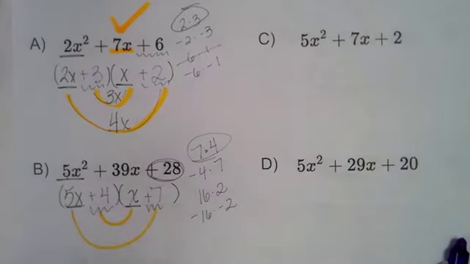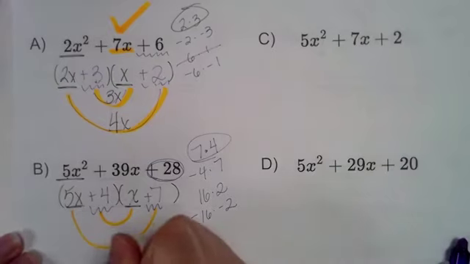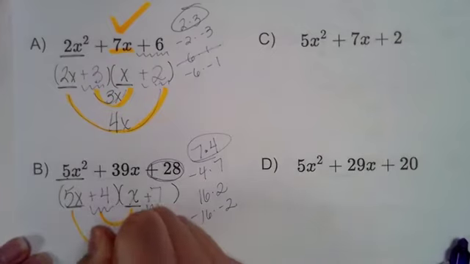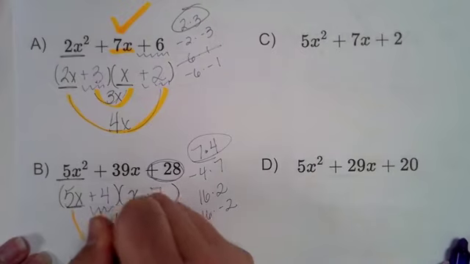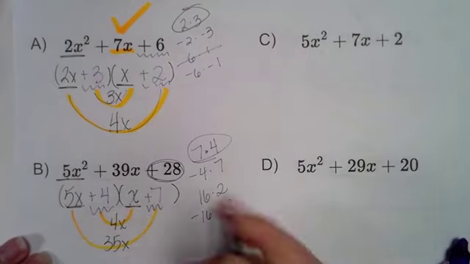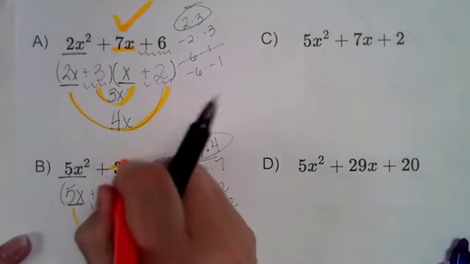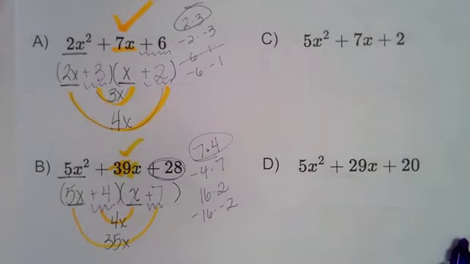So let's check our rainbow, make sure we did it right. 5x times 7 is 35 x's. 4 times x is 4x. And when we combine those, what do we get? We get 39x. Check. We did it perfectly. Okay?